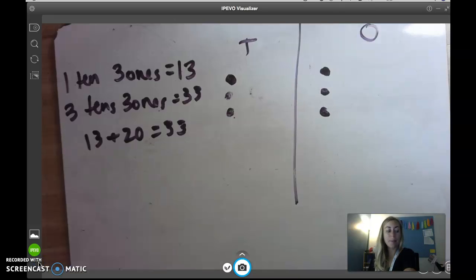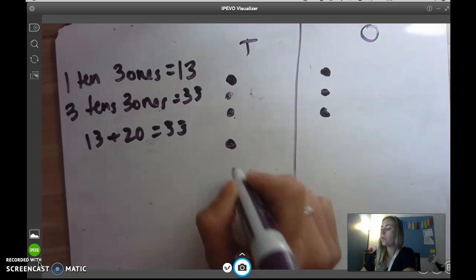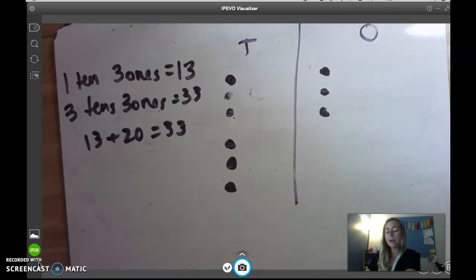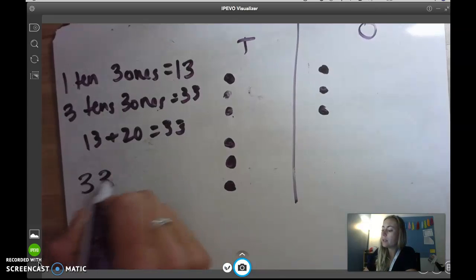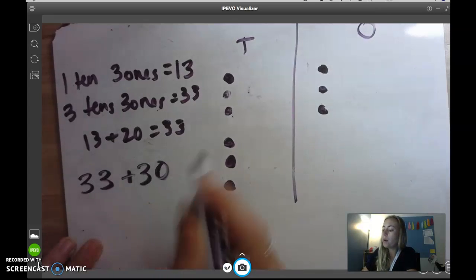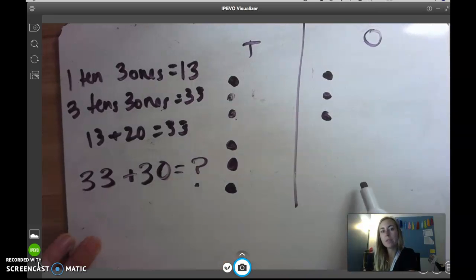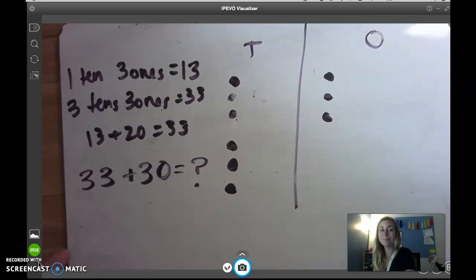Now let's see what happens when I add 3 tens to 33. One group of 10, two groups of 10, three groups of 10. Think in your brain. What is 30 more than 33? Look at my place value chart and answer the question in the quiz.